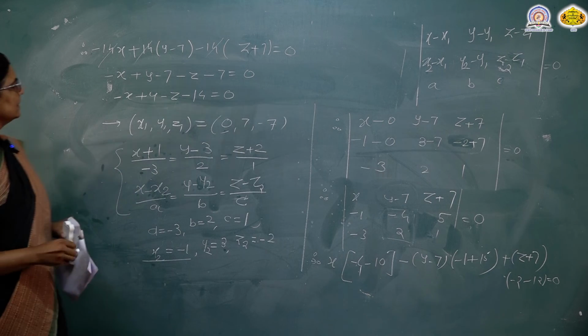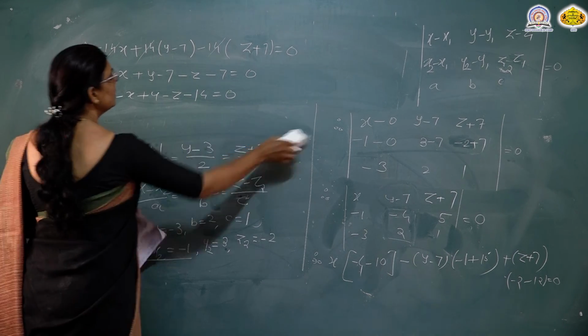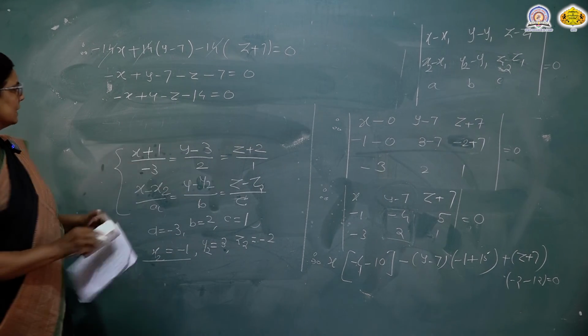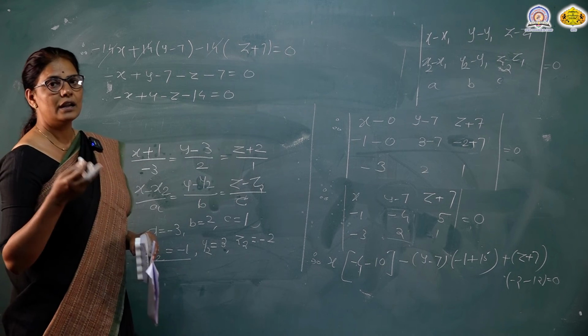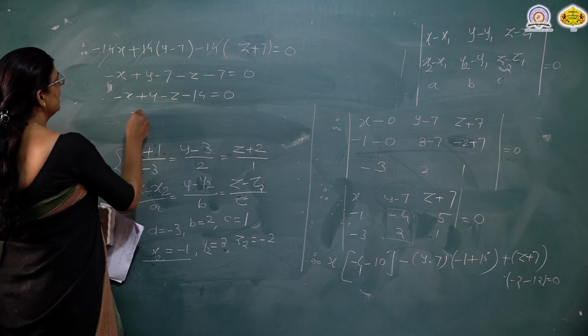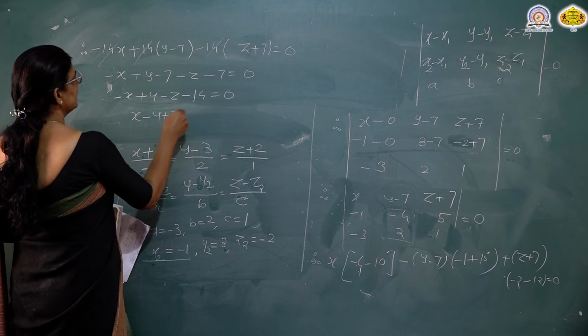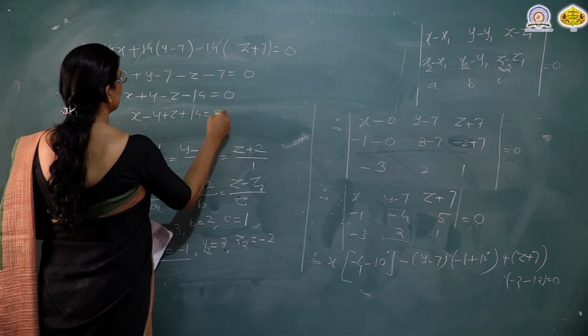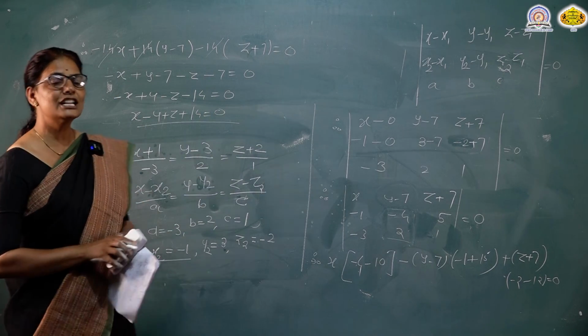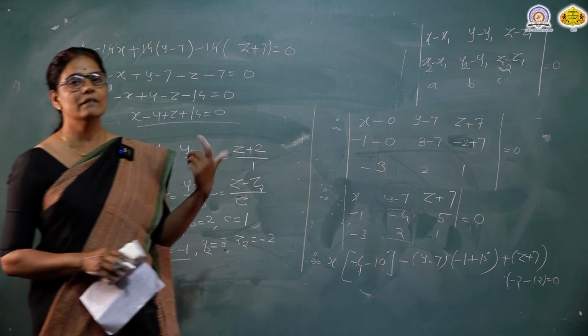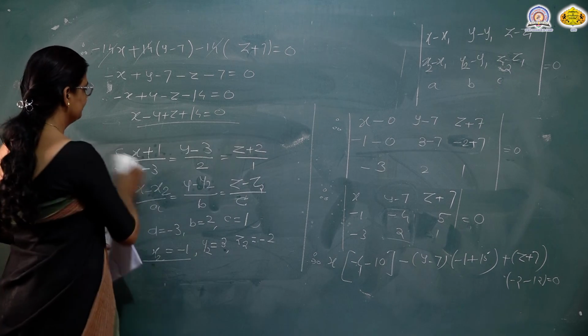Now rewrite it again, multiplying by minus 1 so it takes our regular general form: x minus y plus z plus 14 equals 0. So this is the required equation of the plane containing the given point and the given line.